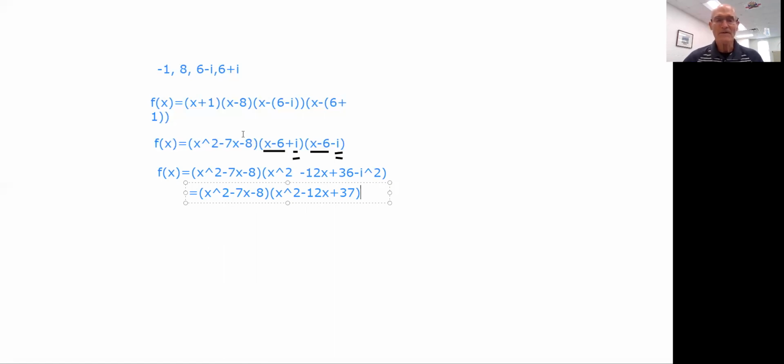So the key in that type of problem is, if you are given a list of roots to start with, and one of the roots is imaginary or complex, as we saw here with 6 minus i, then you also have 6 plus i, the conjugate root, as well. Okay, so that's one type of problem.